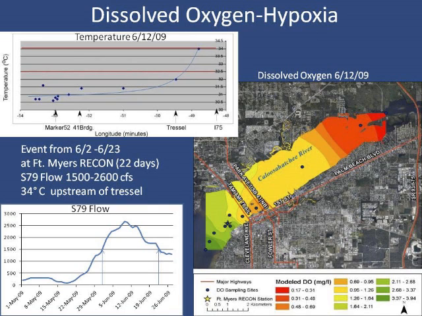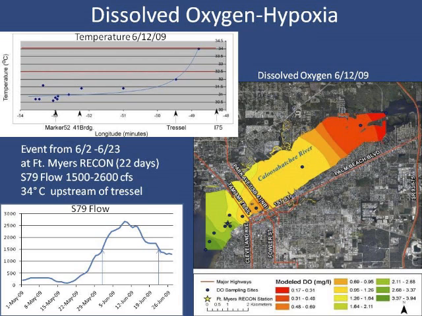The contour graph went down to 0.17 milligrams per liter upstream of Beautiful Island, and it was most likely hypoxic east of that, as that's where the power plant and the warm water was. The graph on the right shows the temperature gradient increasing up towards the power plant.